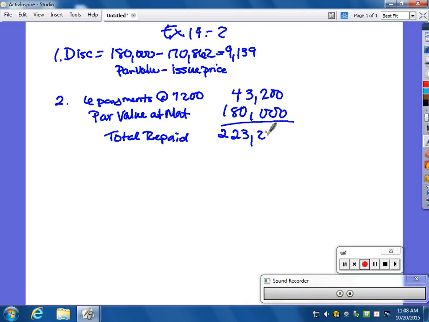Less the amount borrowed, which is the 170,862. And then the total bond interest expense is just subtracting the 170,862 from the 223,200, which equals 52,338.